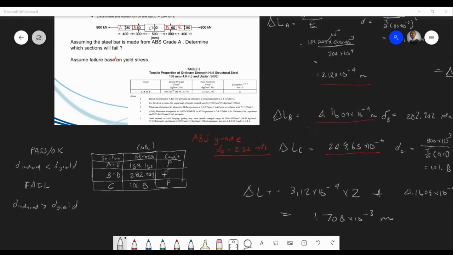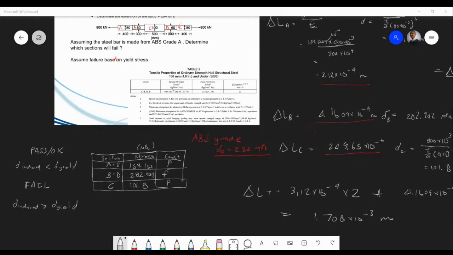Is there a question there? Yes, Mr. Avano. Yes, sir. Now I get it. B and D will fail. I was just confused, but now it's okay. Yeah, if we load this bar up, it's most likely going to break at either B or D, the thinnest section.